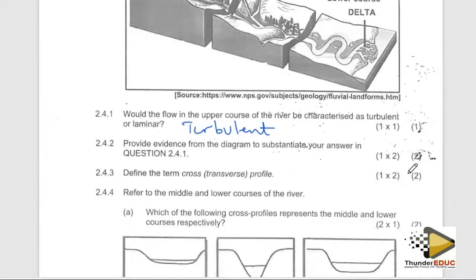2.4.2, provide evidence from the diagram to substantiate your answer to the question. Why do we say it is turbulent? Which we just mentioned. We could say the river flows over a steeper area.